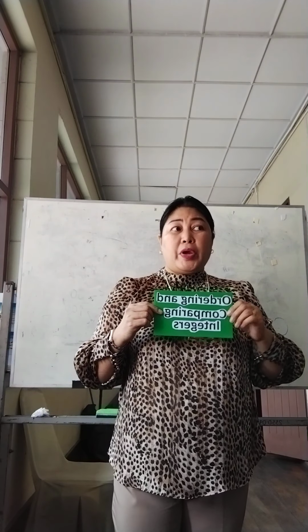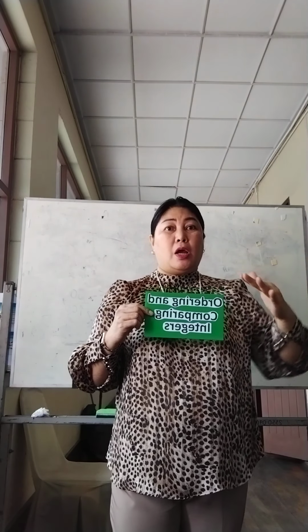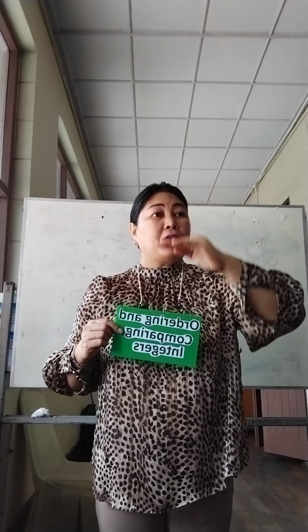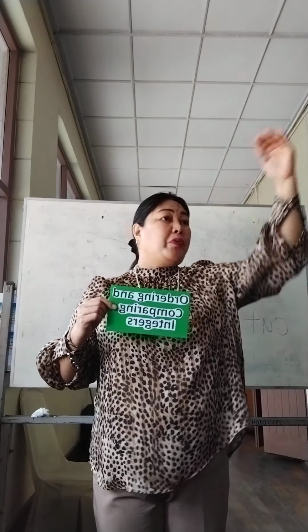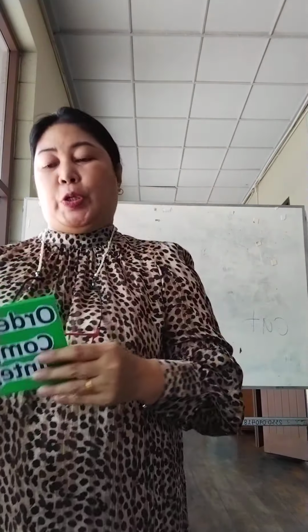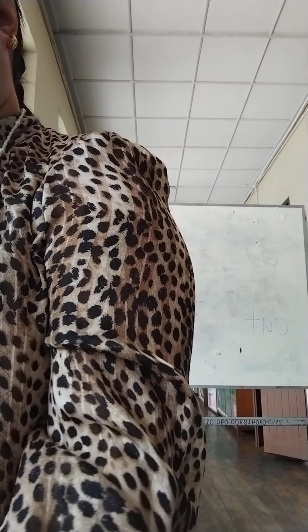And then we have to compare which is smaller, which is bigger. We have to identify it from smaller to bigger, bigger to smaller. It's like the inverse. Okay, next we have example number 1.